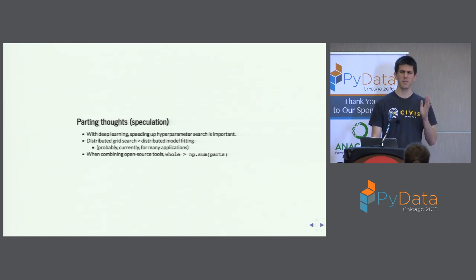So if you have really giant click-through data, where you have trillions of instances to train on, then maybe distributed model fitting would be really important. But for most models, gradient boosting on medium-sized data sets, or deep learning on medium-sized data sets, distributing that grid search is going to be really helpful. And then a final point: you combine three things, but the whole is greater than the sum of its parts.